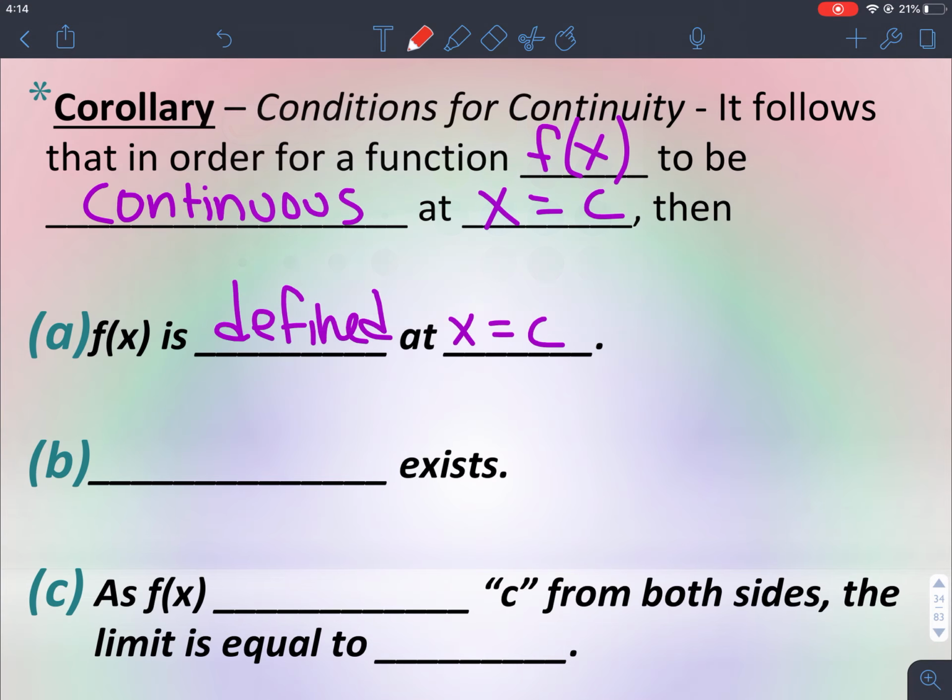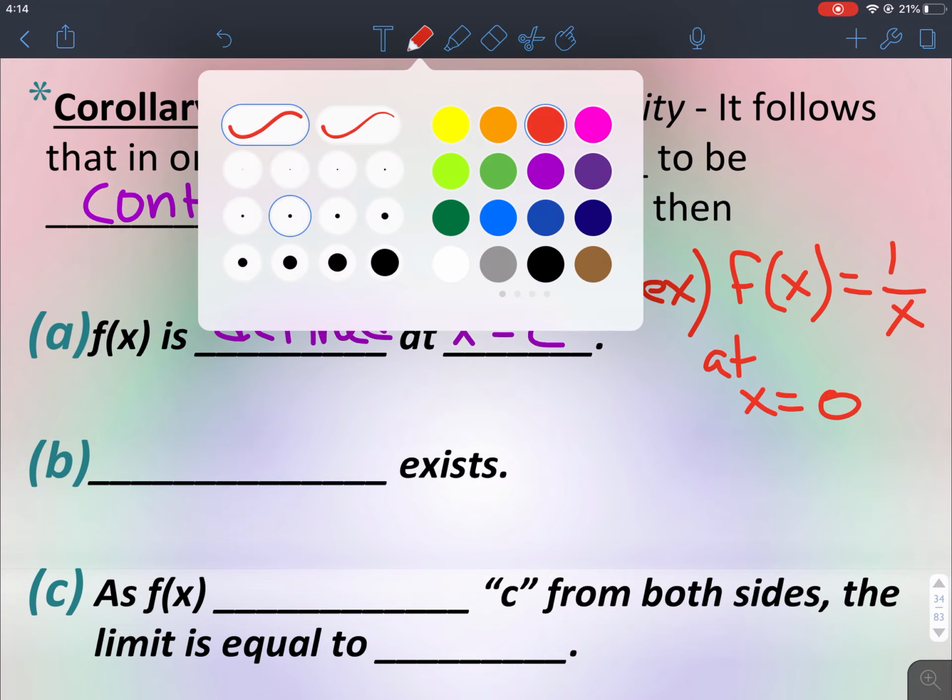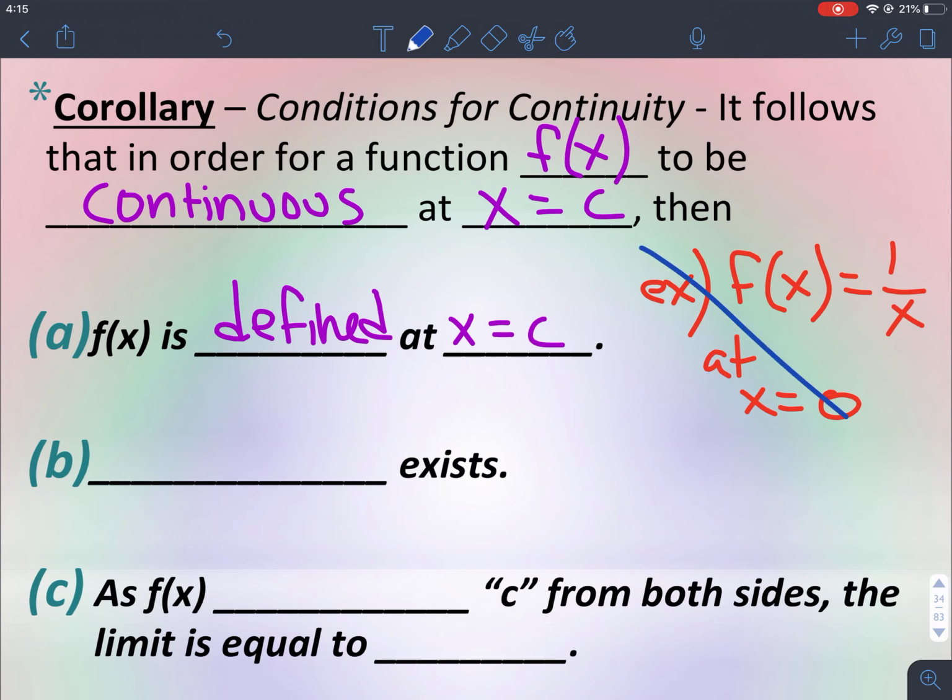A counterexample of that would be the function 1 over x at x equals 0. This thing is most certainly not continuous because it's an infinite discontinuity. There's an asymptote at x equals 0.